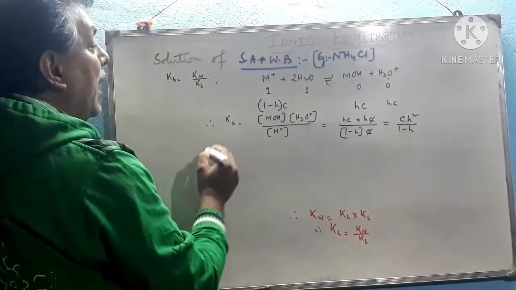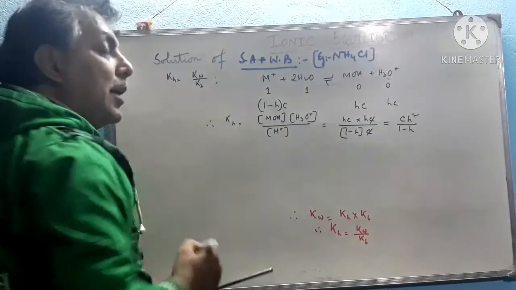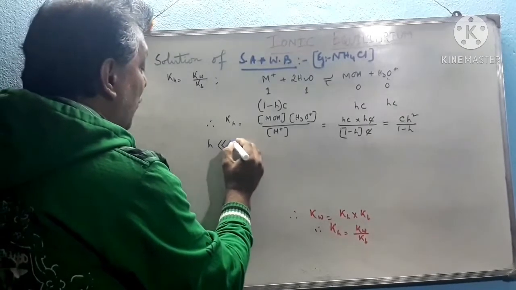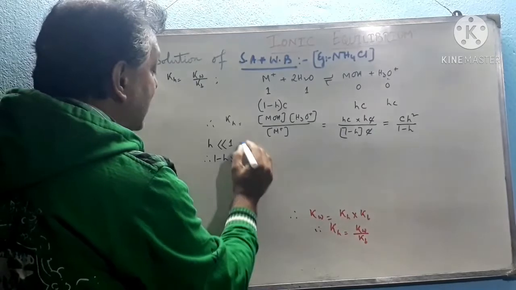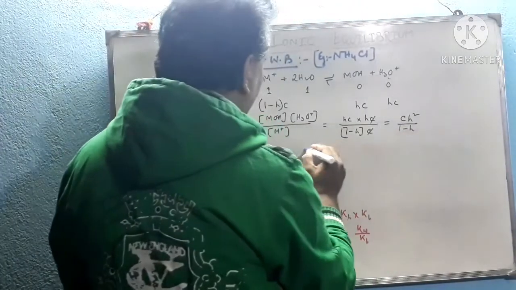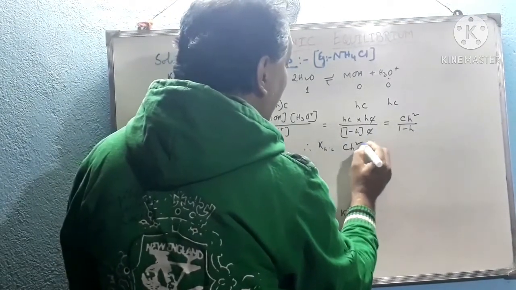know that MOH is a very weak base, so its degree of dissociation or degree of hydrolysis is very low, so H is very much less than that of 1. Therefore 1 minus H is approx equal to 1. So actually Kh now becomes equal to CH square.